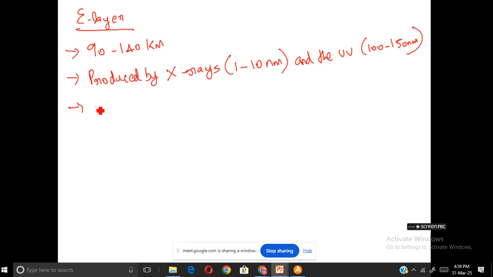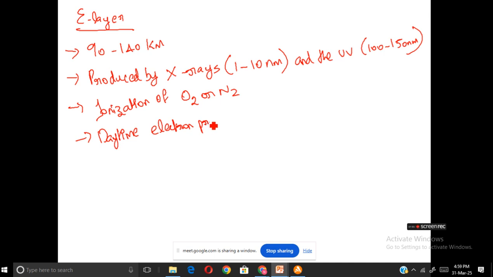And this is mostly produced by the ionization of oxygen molecules, oxygen or NO2, nitrogen. Daytime electron production is 10 raised to 11 electrons per meter cube.